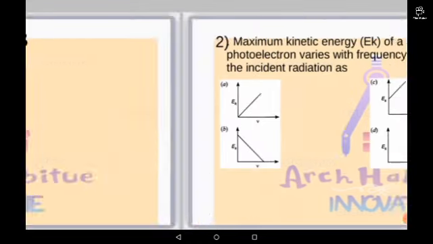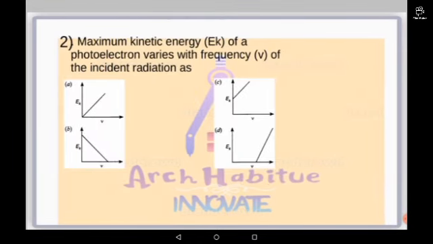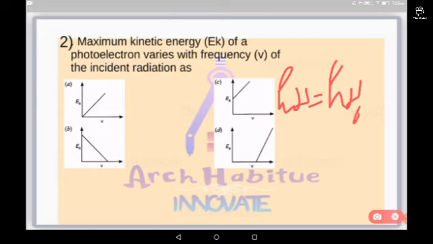Coming to the next question, maximum kinetic energy of a photoelectron varies with frequency nu of incident radiation as. For this question, you should have in mind Einstein's photoelectric equation. What is Einstein's photoelectric equation? It is h nu is equal to h nu 0 plus Ek.